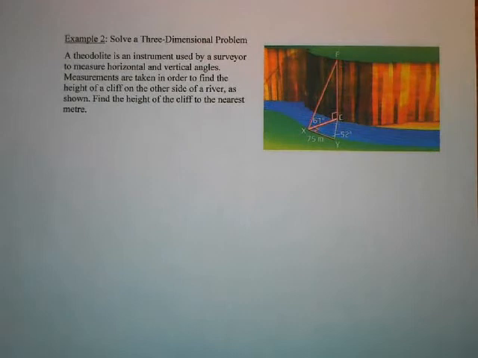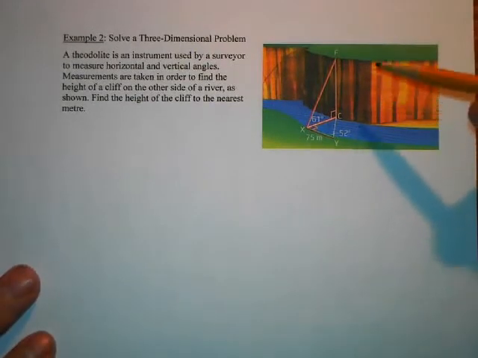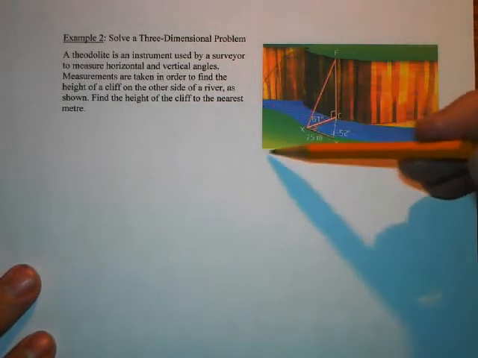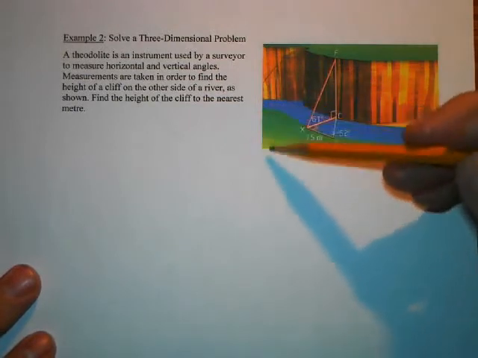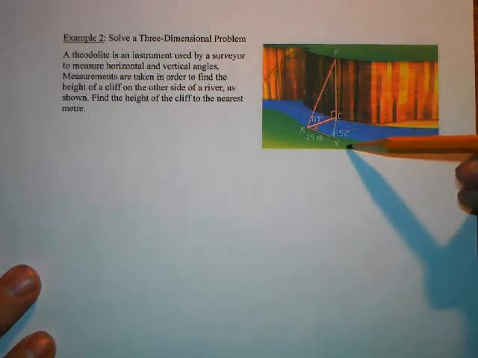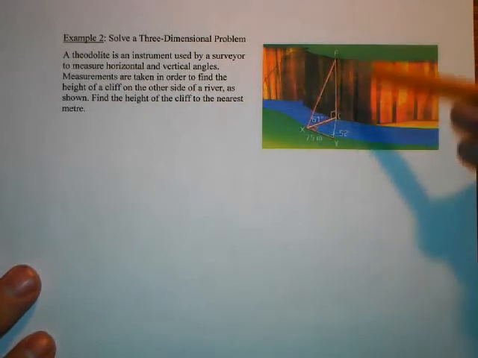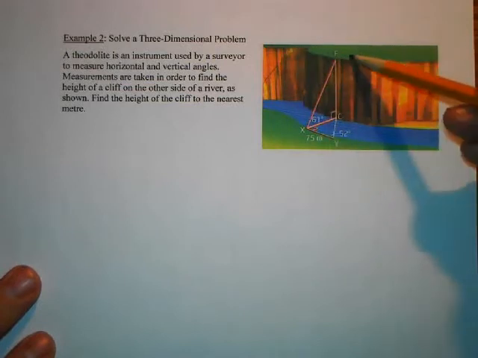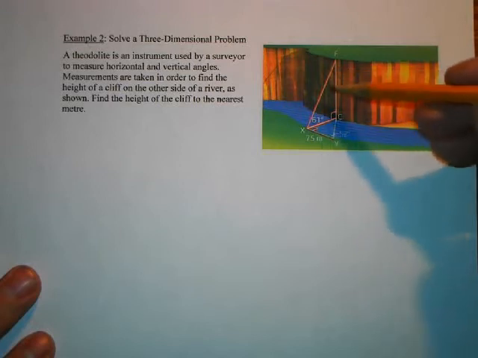So let me explain. Hopefully you can see this okay. We've got a river that's flowing through here. It's a flat grassy area on one side, and on the other side we have this vertical cliff, and on the top we have a plateau, like a plane up here. So we've drawn in some triangles.